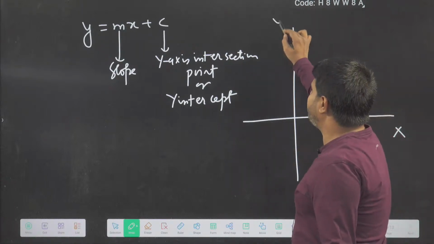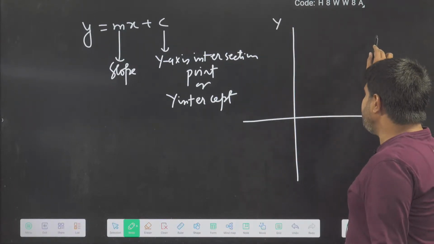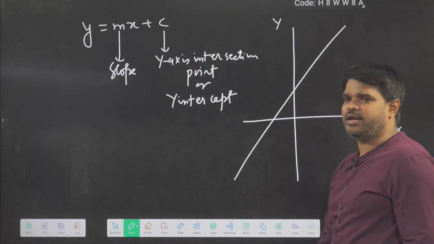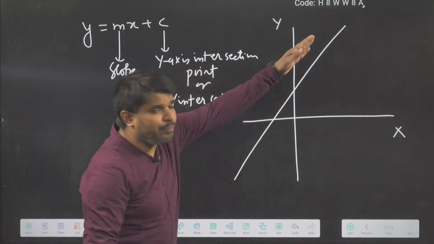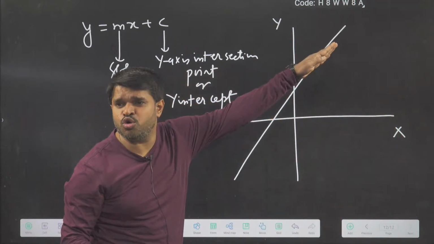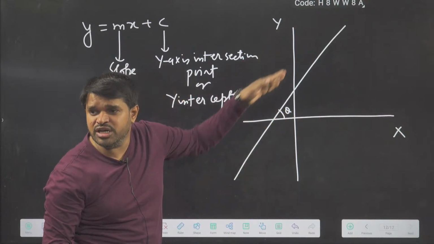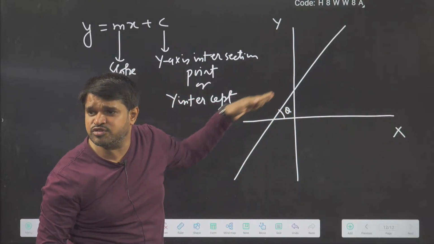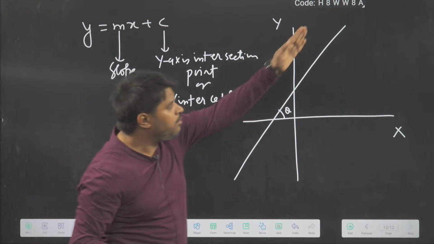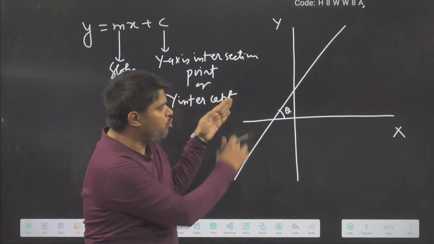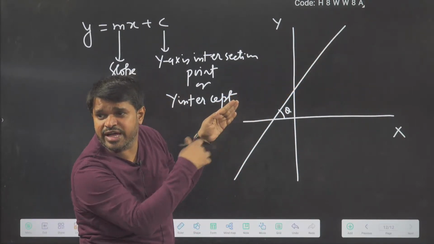x, y. Now if I draw this kind of line, my first question, positive slope or negative slope? I told you it is making an acute angle. Positive slope or negative slope? The angle with the right direction of x is what?